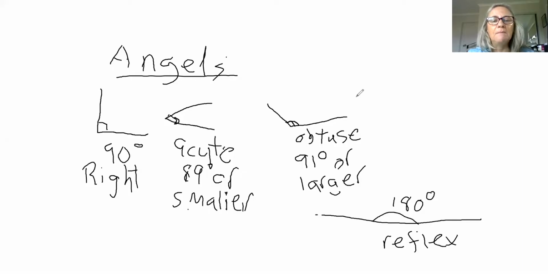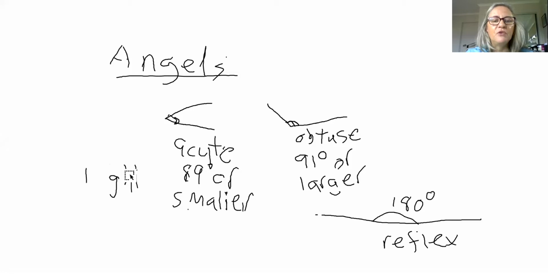Now, I'm going to rub all this out. Bear with me a minute while I rub it out, because we're going to have a look now at two different types of angles. So this is the boring bit where I have to rub out.